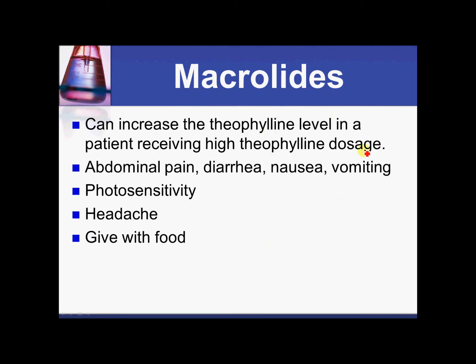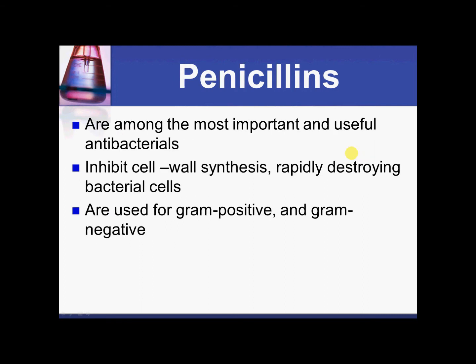Side effects, photosensitivity, give with food, etc., just like you would with the other antibiotics, potential side effects. Penicillin was the first antibiotic discovered, discovered by Alexander Fleming, and I've got gram positive, gram negative. Plain penicillin itself is going to be more gram positive.